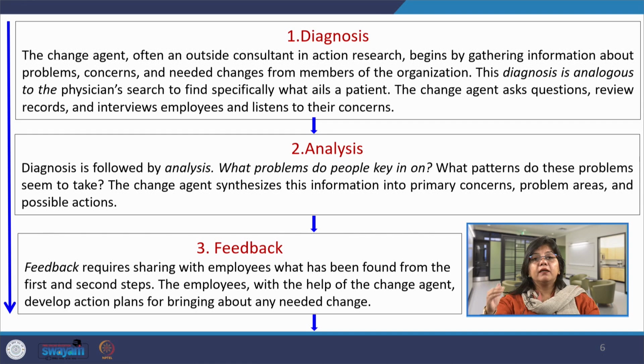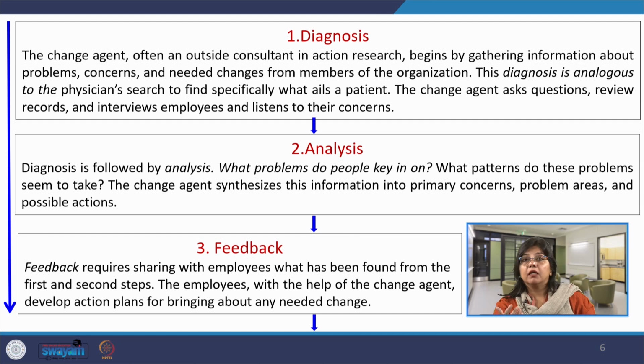Now, the problem has been identified, the core areas have been identified, the core nature of the problem has been identified. Once these areas are identified, the change agent will share those gaps while discussing with the employees based on the first and second steps, and as soon as the change agent interacts with the employees, based on the recommendations of the employees also, the change action plan is created and decided to be built upon or implemented in the organization.